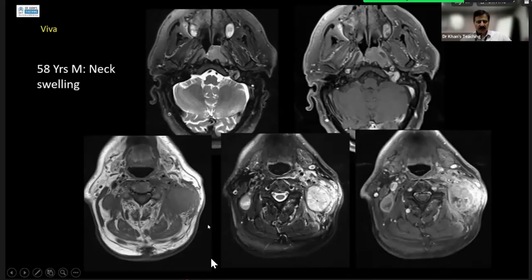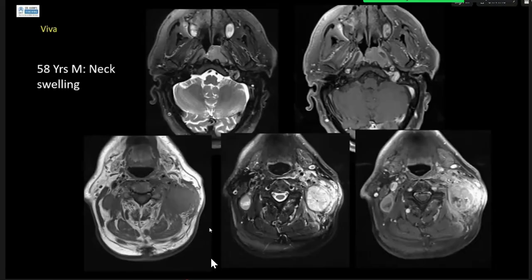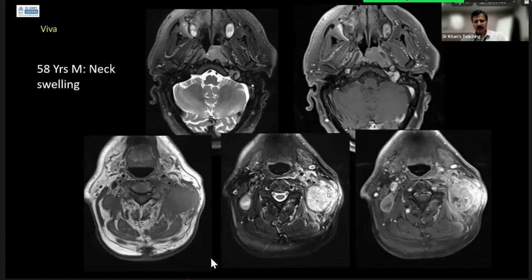This patient, candidate 2, can you hear me? Yes. Now, if you see here, this patient presented with lymphadenopathy, basically a swollen neck. They did an ultrasound which showed that it is malignant.